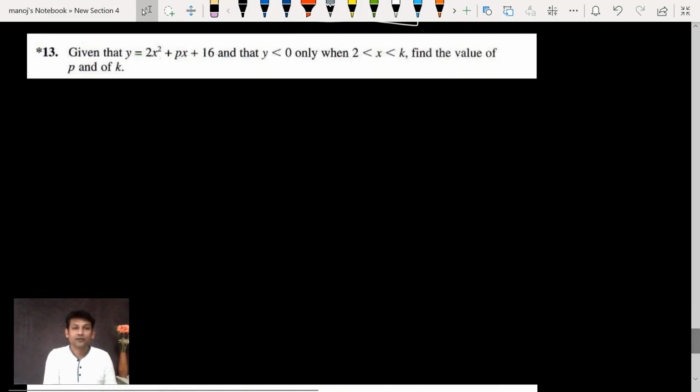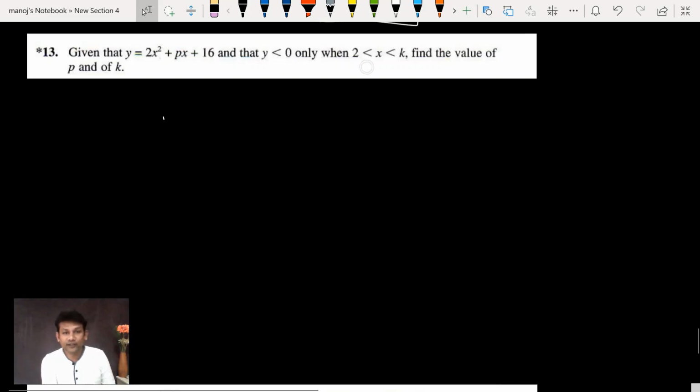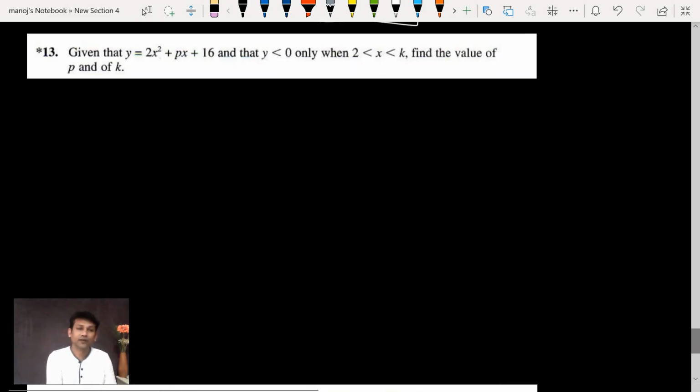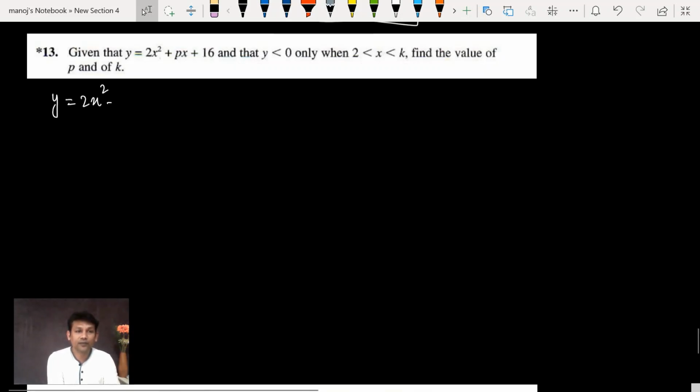Given this equation, y is less than 0 only when this, find the set of, okay, fine. What we're doing here: y is equal to 2x square plus px plus 16.